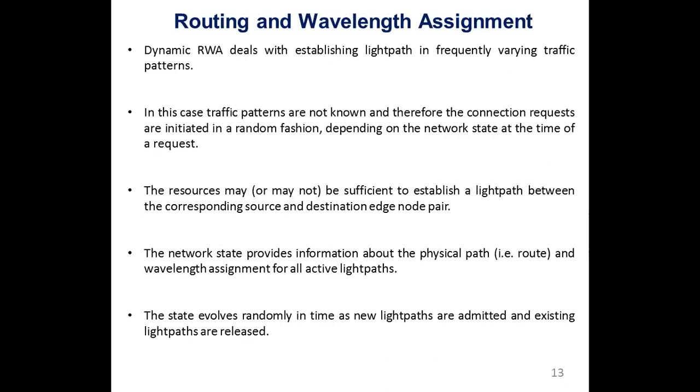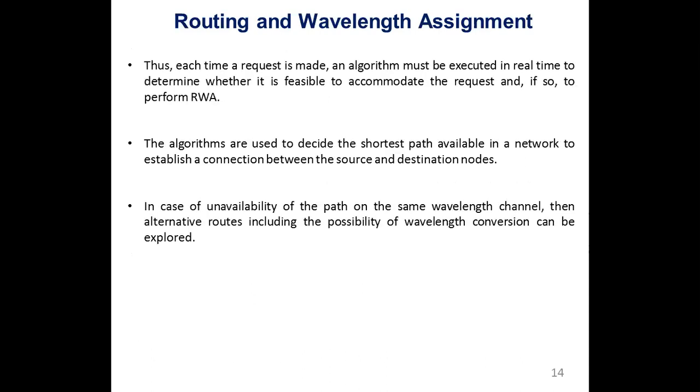The state evolves randomly, as I told you, and new light paths need to be admitted or gotten rid of from time to time. So every time a request is made, the algorithm has to be executed for both routing as well as wavelength assignment in real time, and it needs to be determined if it is feasible to accommodate the request. Then if so, you perform the RWA, else you do not perform the RWA.